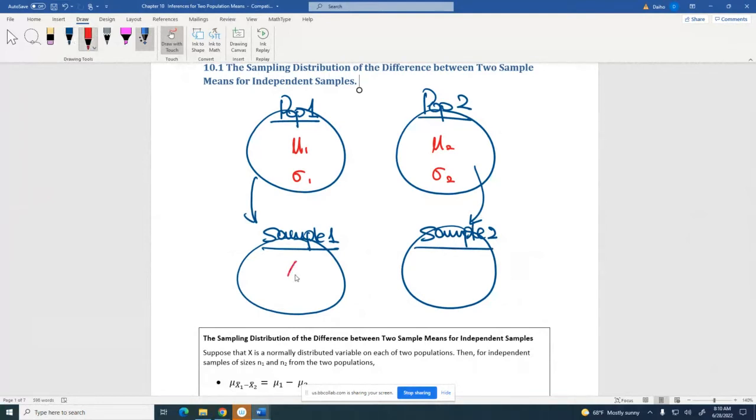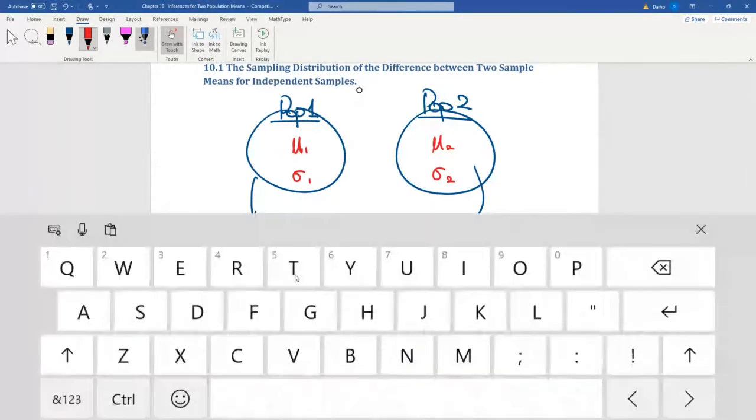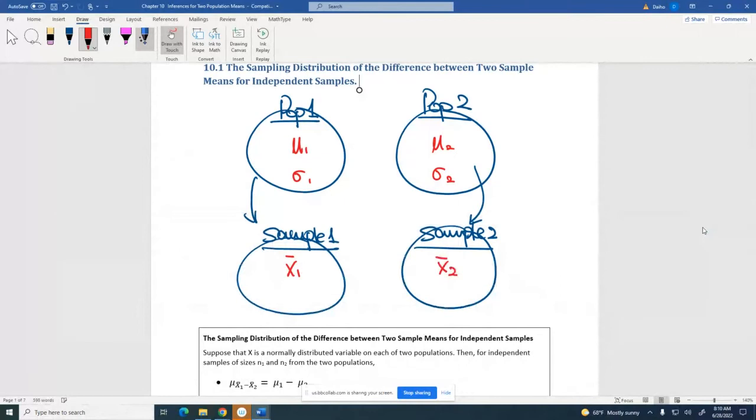So we have x1 bar. What is the name of this? Sample mean number 1. And the other one, x bar 2, the sample mean number 2. How about the S1?